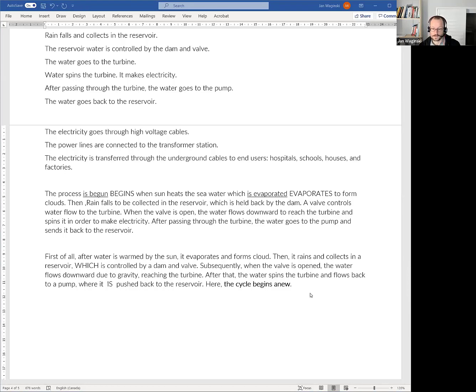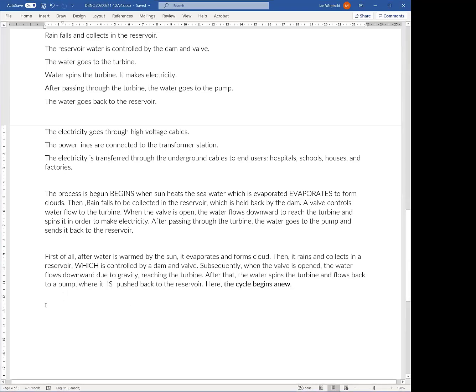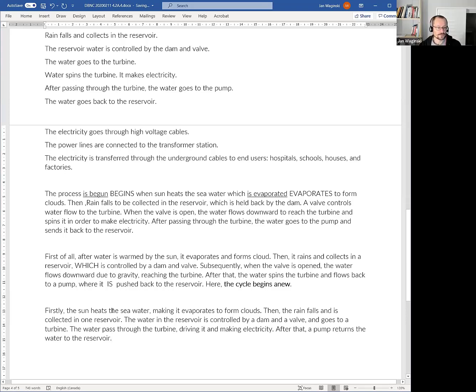Perfect. And we can't say pushed back. Yeah, pushed is fine. Or we can say push to the reservoir, no need for back. Maybe pushed back works because it's a cyclical process. If it were a linear process, then you wouldn't say back, maybe forward.